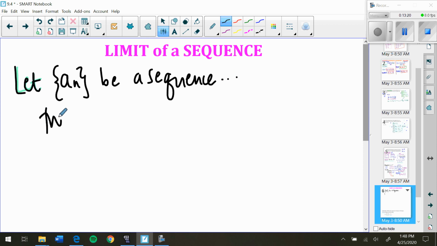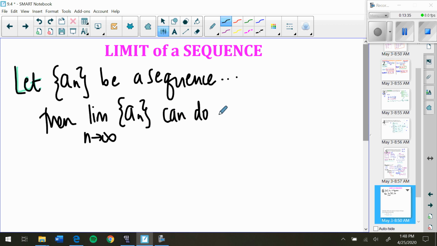Then, the limit as n approaches infinity, as the number of terms goes to infinity, of this sequence, a sub n, can do one of two things. It can either converge or diverge.